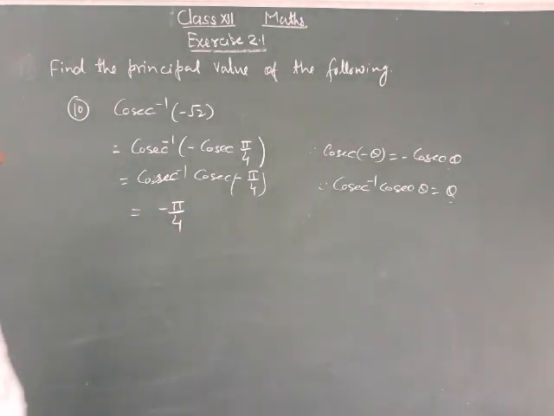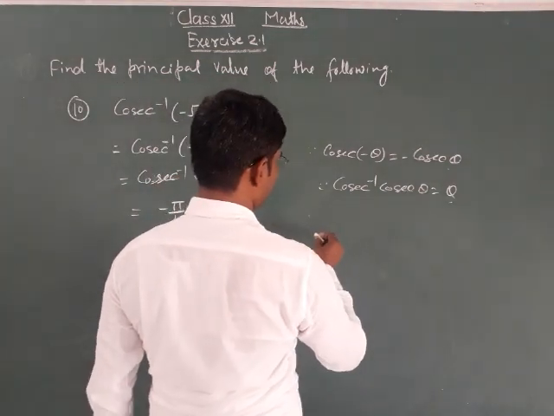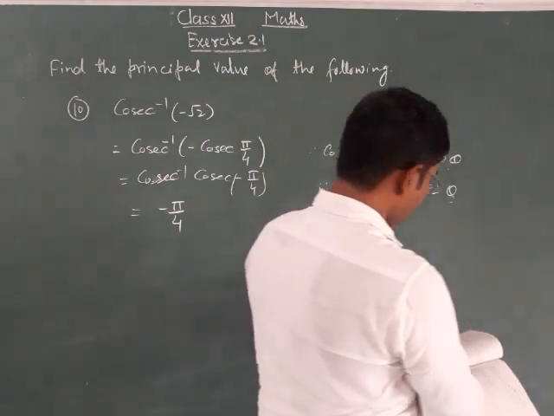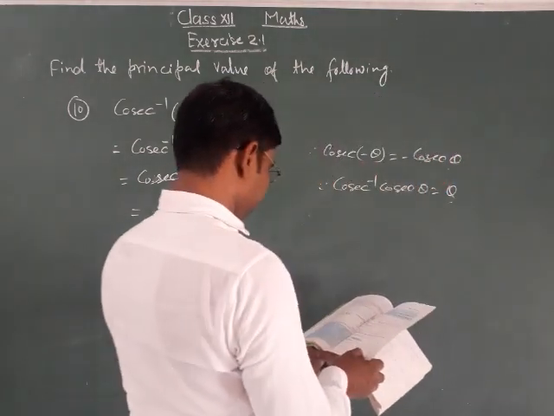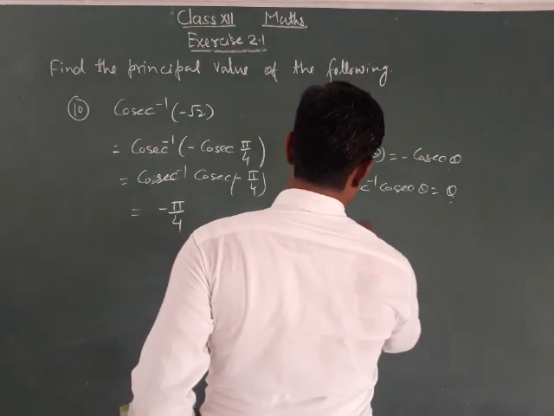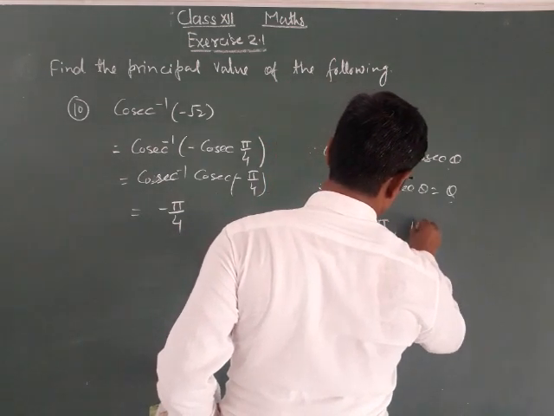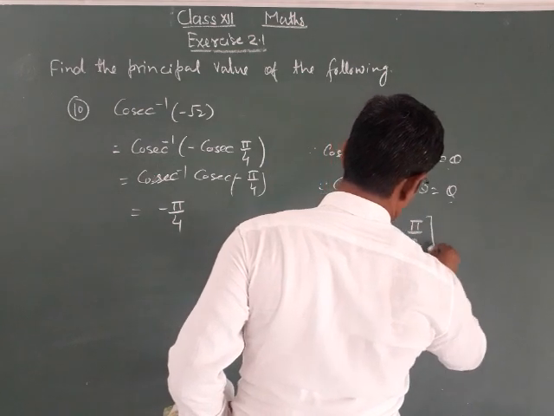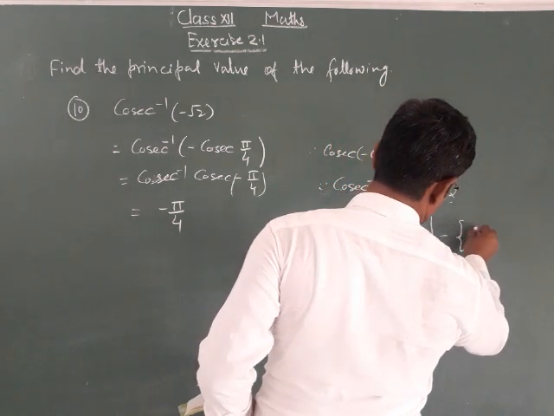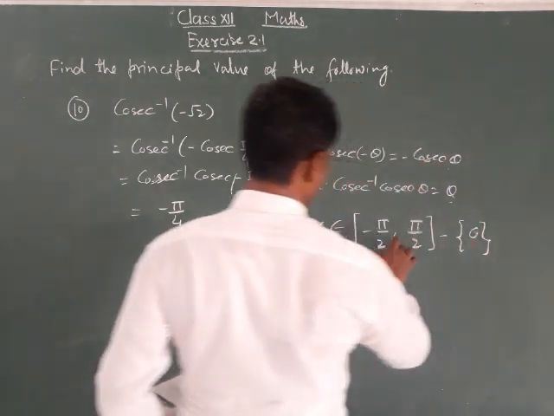So the principal branch of cosec inverse is x belonging to minus pi by 2 to pi by 2, excluding 0.